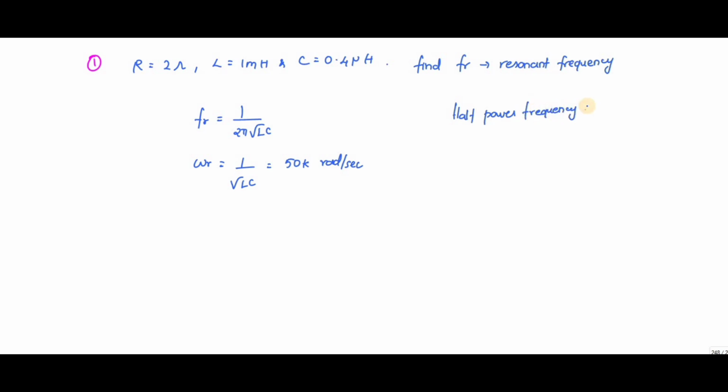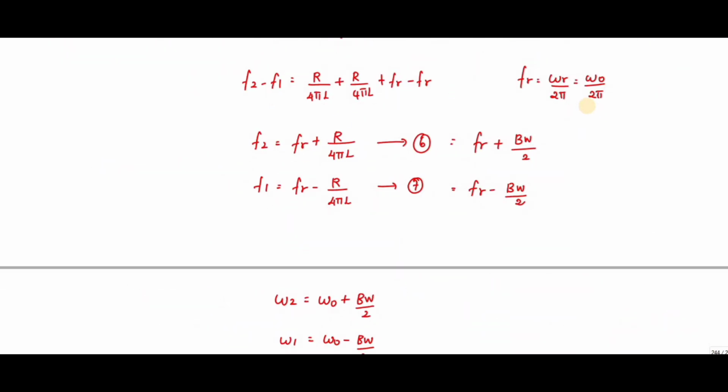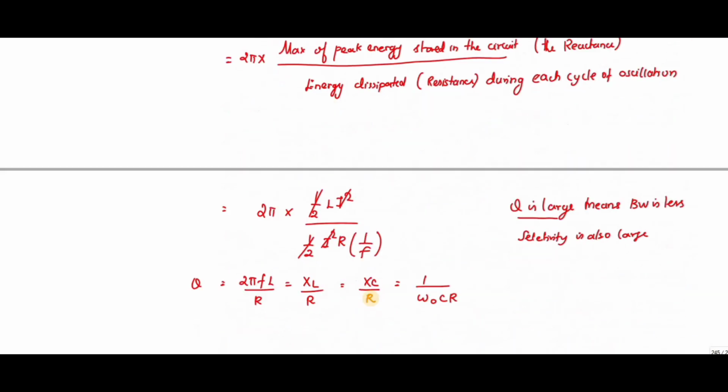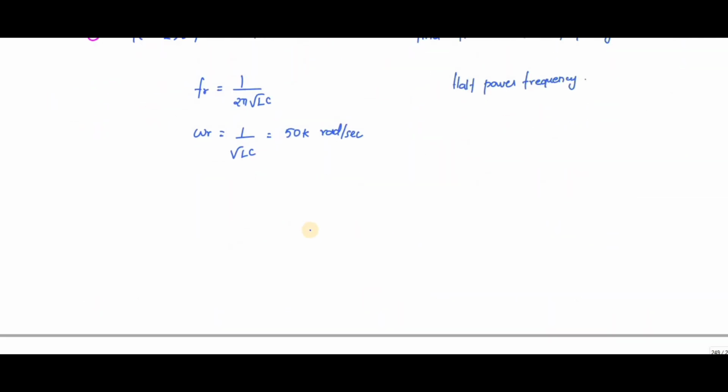So half power frequency means you have to go in this formula. This is your half power frequency. So omega 2 is equal to omega naught plus bandwidth divided by 2. Bandwidth divided by 2 is nothing but R by 2L. So what is omega 2?